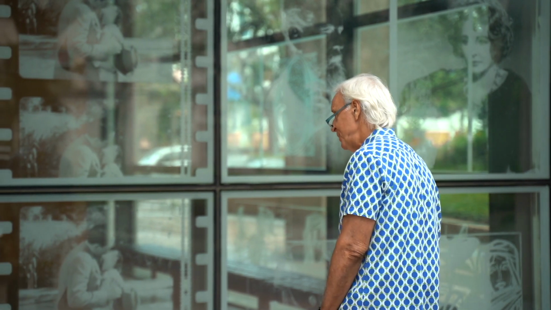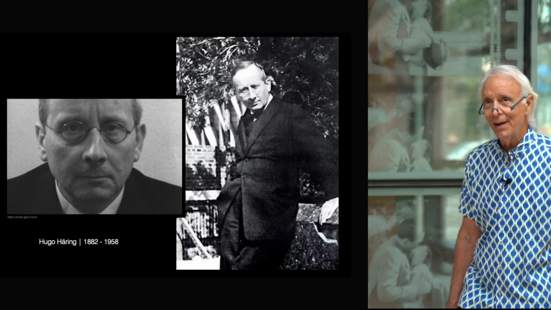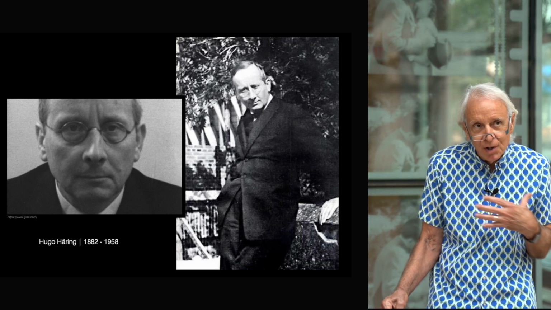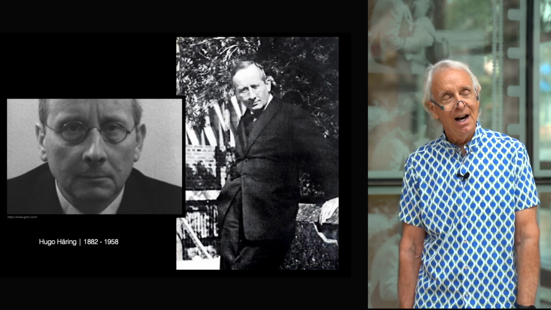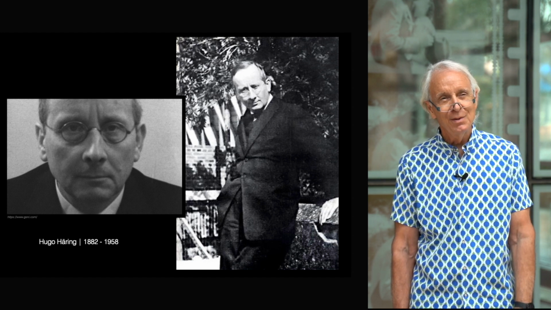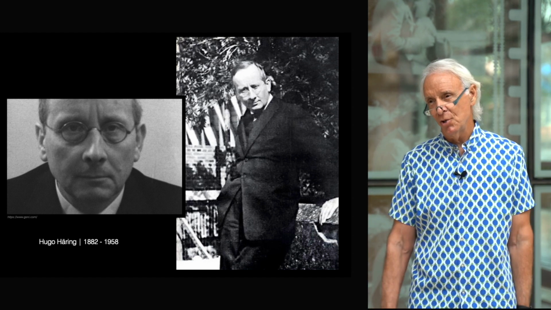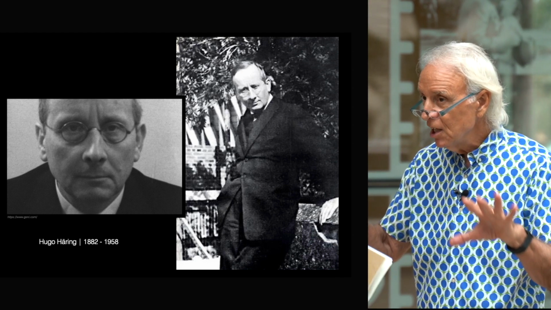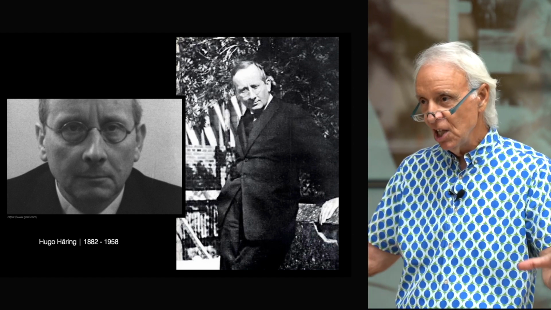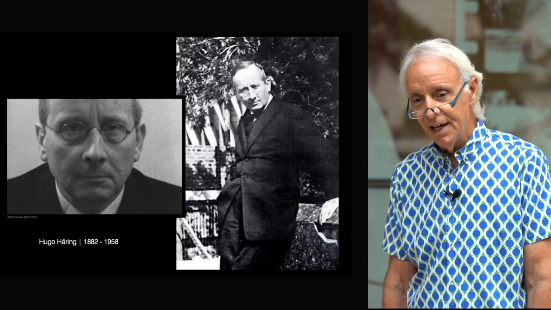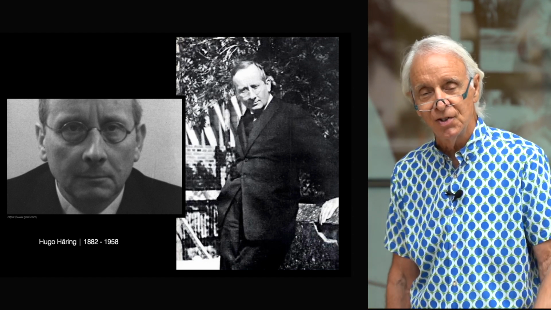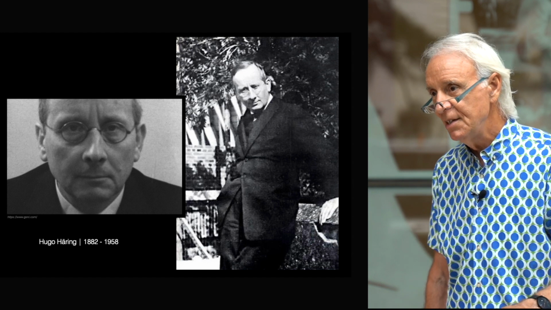So the first of these people was a guy named Hugo Häring. And Hugo Häring was this impish, very, very small, short, slight guy. He had a very outgoing personality. He was very outspoken. There were these clubs, architecture and art clubs in Berlin, and they would have exhibitions and events and publications about architectural ideas.